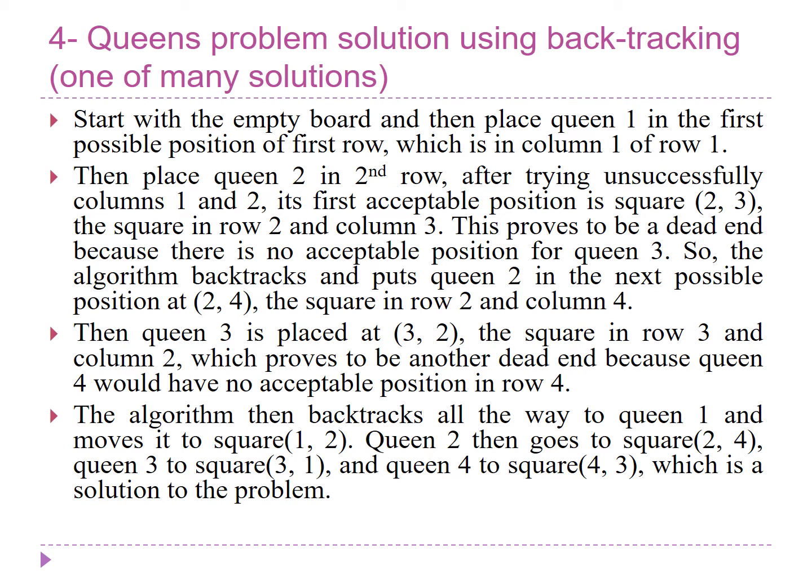Queen 2 then goes to the square row 2 and column 4, and queen 3 is placed at row 3 and column 1, and queen 4 at row 4 and column 3, which is one among the possible solutions to the 4 queens problem.